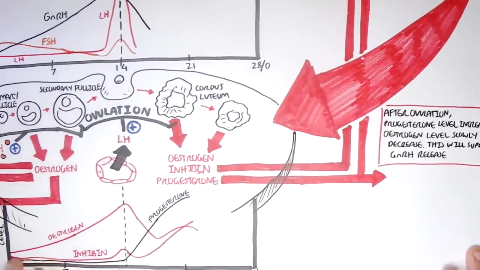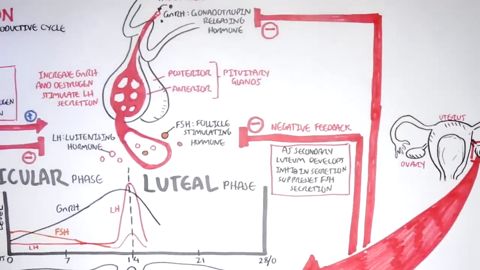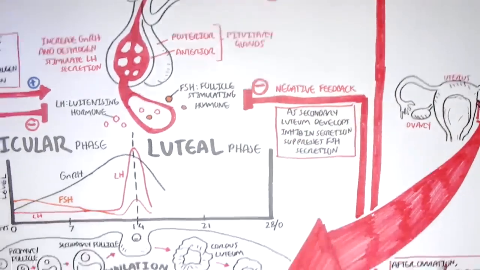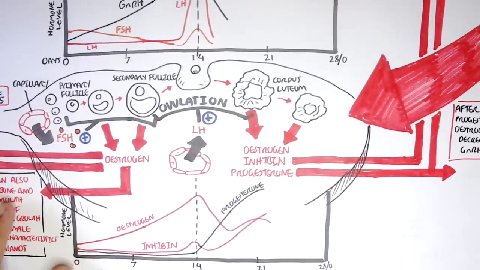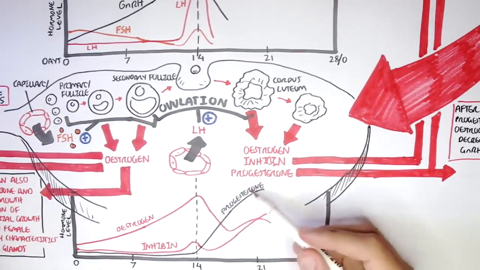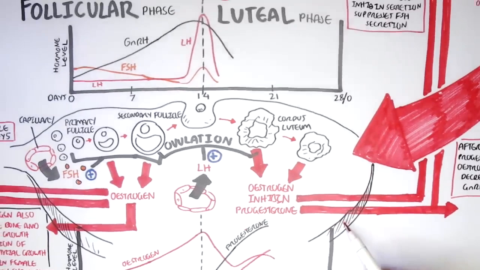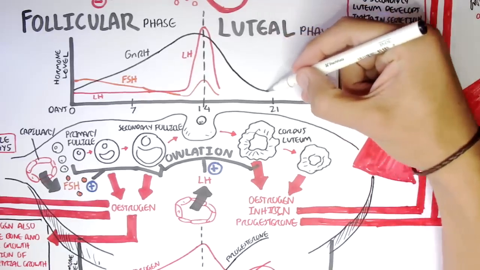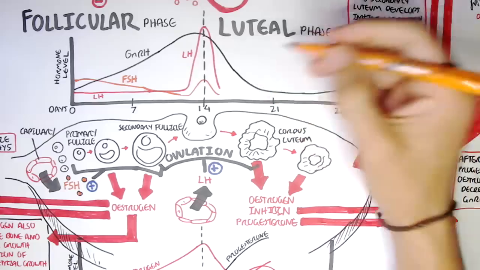And so progesterone will inhibit gonadotropin-releasing hormone release, which will also affect the release of luteinizing hormone and follicle-stimulating hormone. So during the luteal phase, as progesterone and inhibin increase, this will essentially cause a decrease in gonadotropin-releasing hormone, luteinizing hormone, and follicle-stimulating hormone.